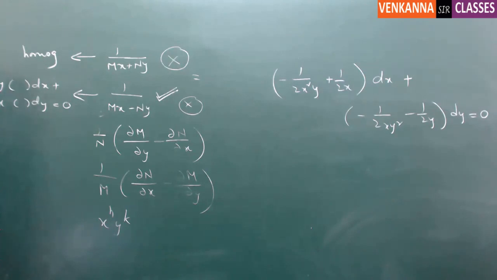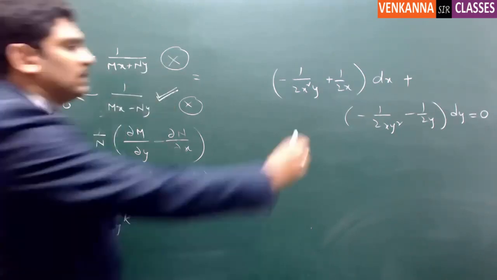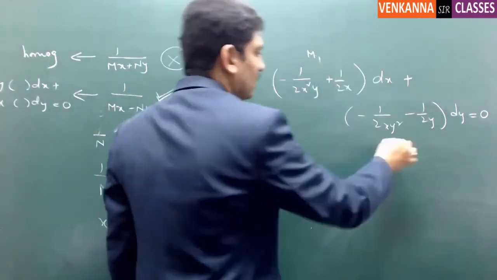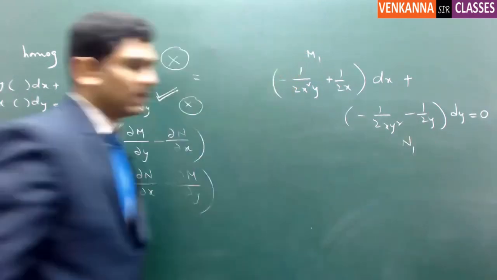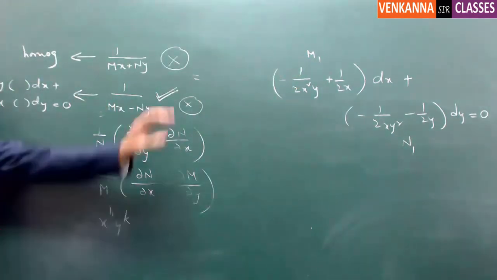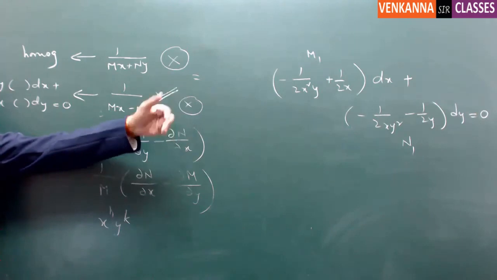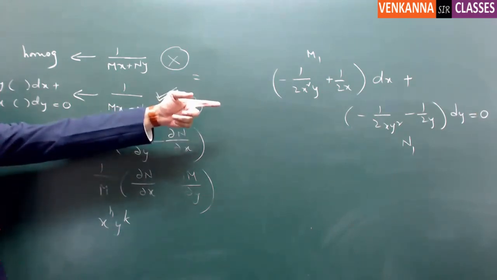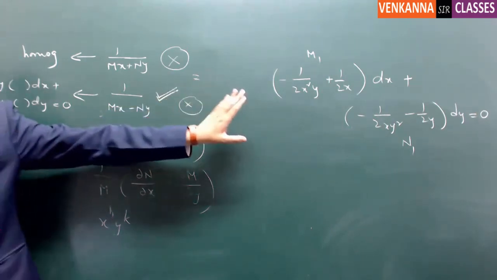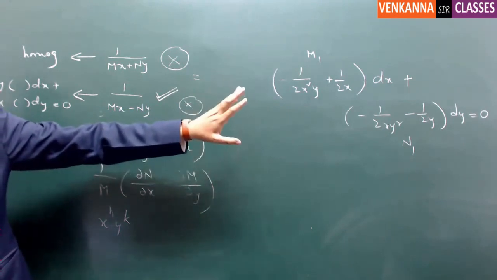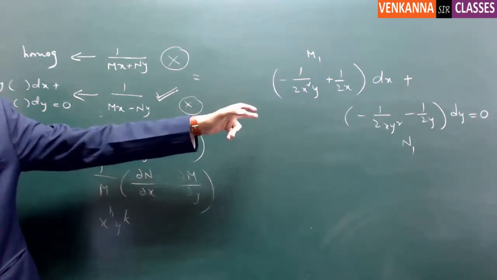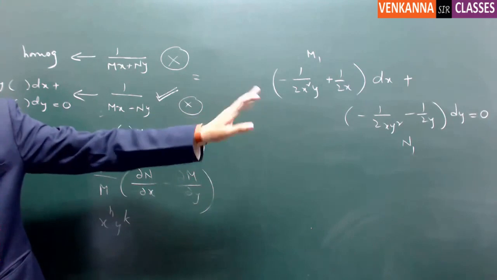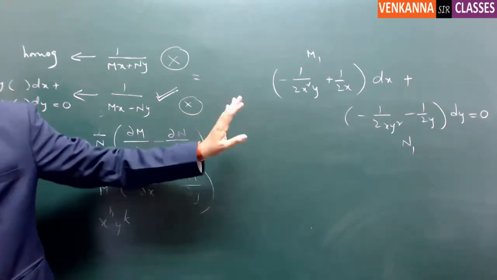Right. So this is M1 and this is N1. Verifying the partial derivatives at this part is up to you, whether you show that dou M1 by dou y equal to dou N1 by dou x, so it is exact. It is up to your choice.